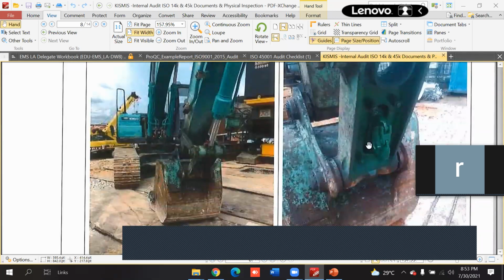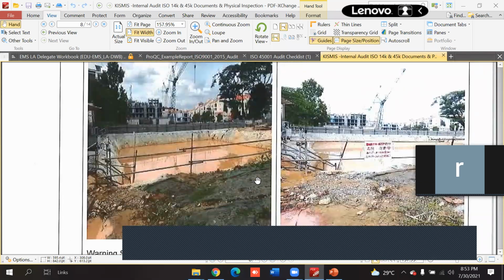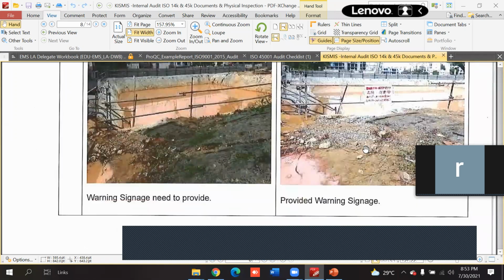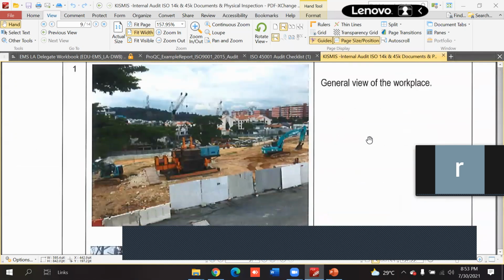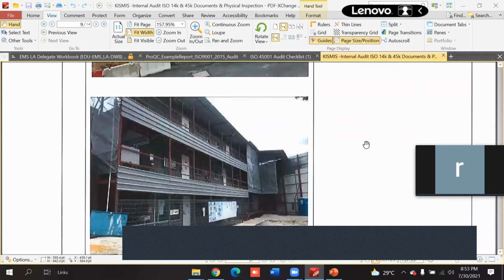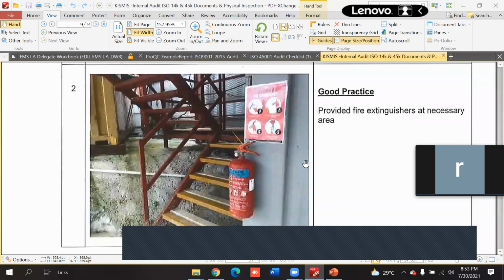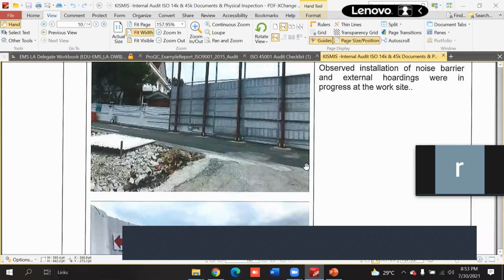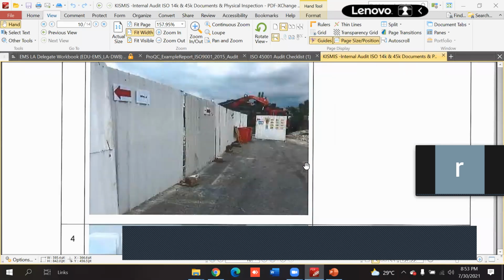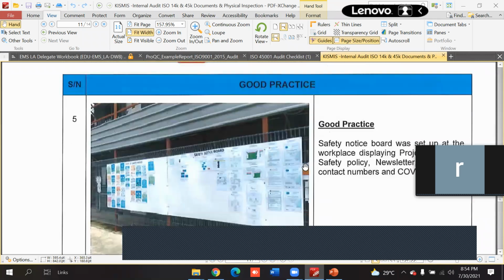Maybe they have to put a color code to inspect. These barricade signages are like good practices, right? At the site they put up the fire user, good practices, holding up signages. So these are the things put up.